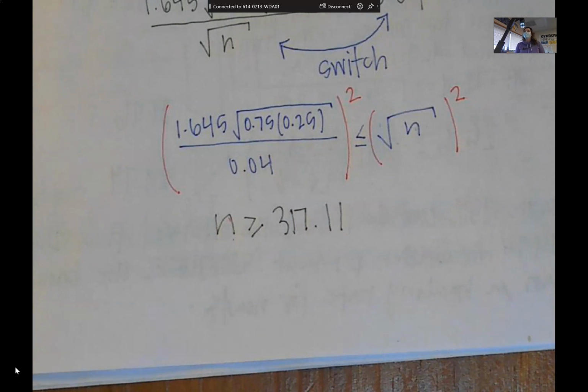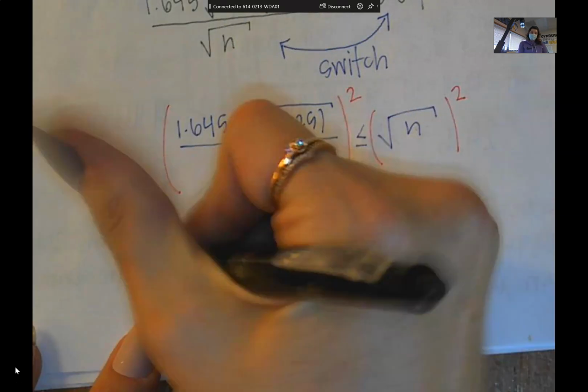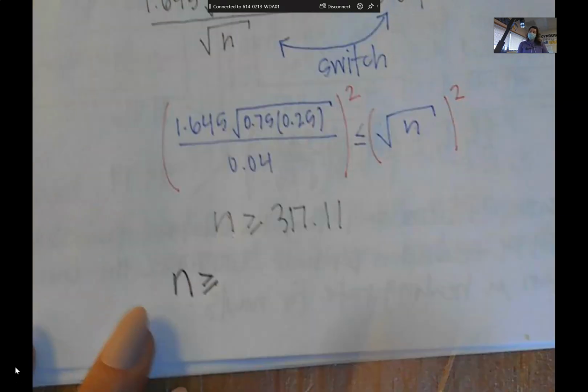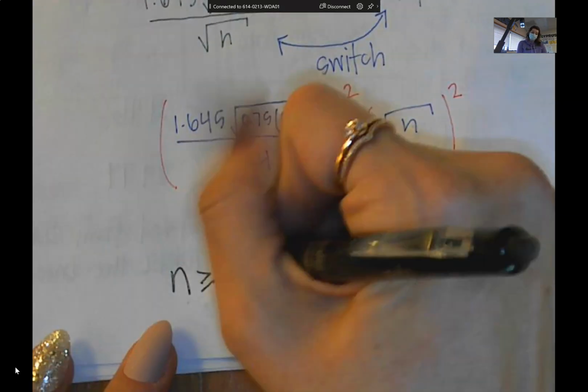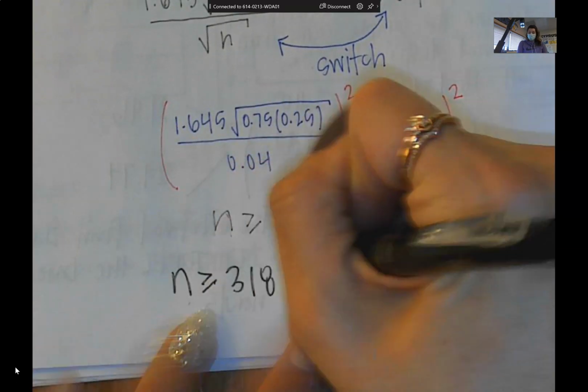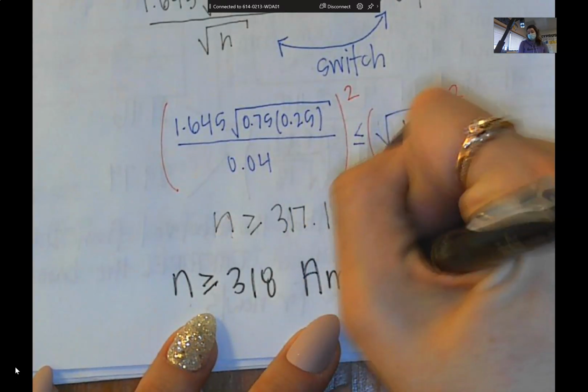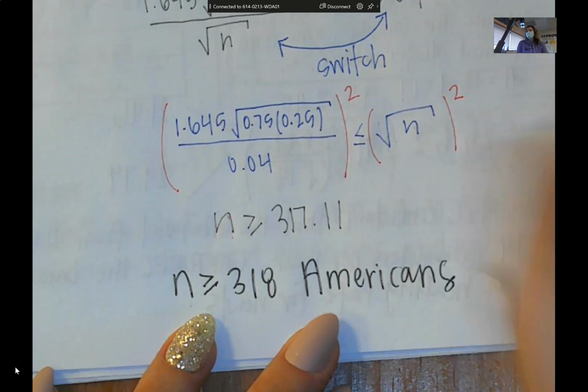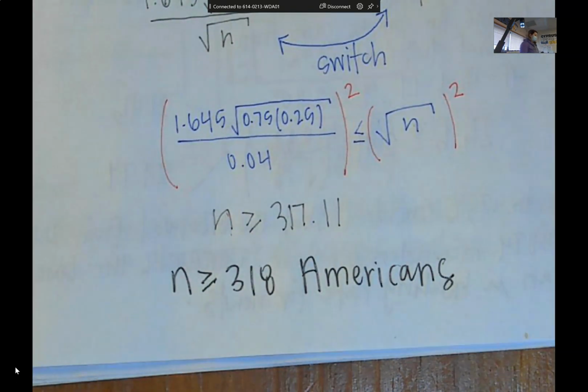We're trying to figure out how many Americans can taste PTC. Can we have 0.11 of an American? No. So our sample size needs to be greater than or equal to 318 Americans. You always round up.